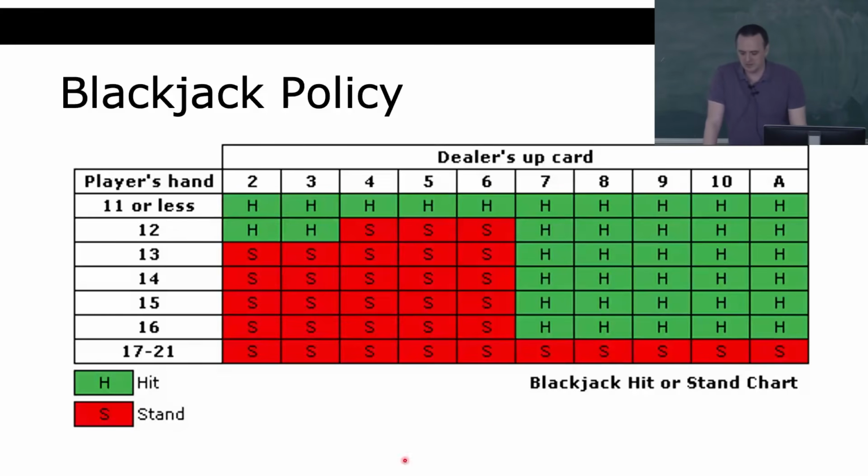Now, this can be a little bit deceptive as well. The reason it may be deceptive is because this shows the policy only. It doesn't show the values. And it may be the case for some of these bordering states, like for example, this is probably not the case, but let's just take an example of this is a stick right here, or a stand. The value of standing here may be 0.49, and the value of hitting here may be 0.48.